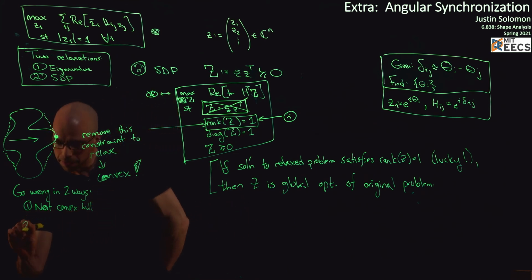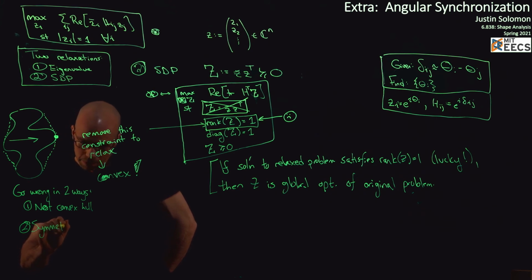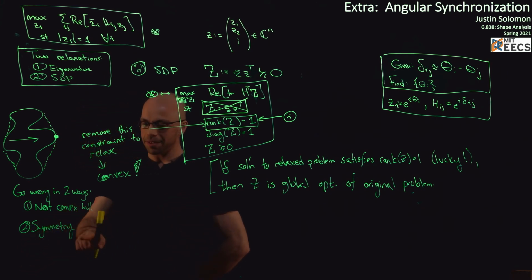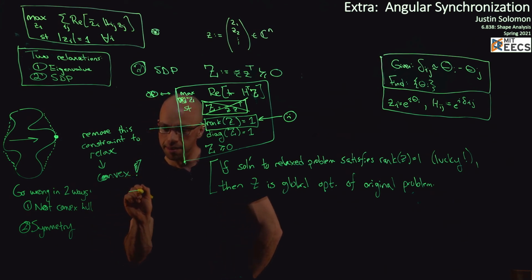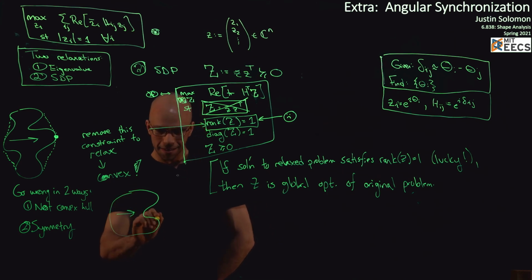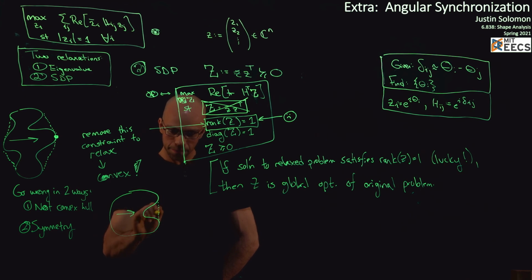Or it could be that there's some symmetry in our problem. This one's also a bit annoying. Think now if I had a constraint set that looked like this kind of shape, and my objective said go to the right. If I convexify it by computing the convex hull, I could accidentally get a point here.